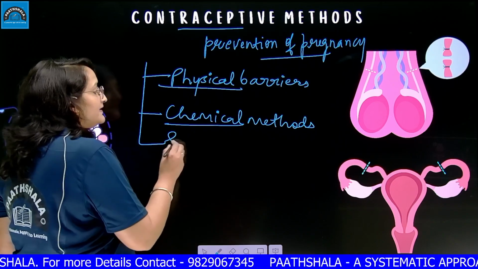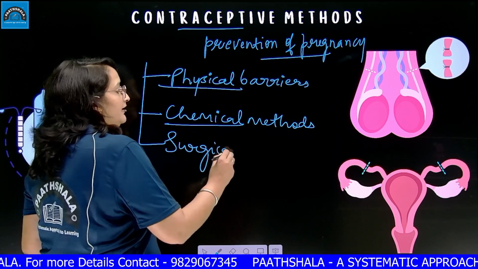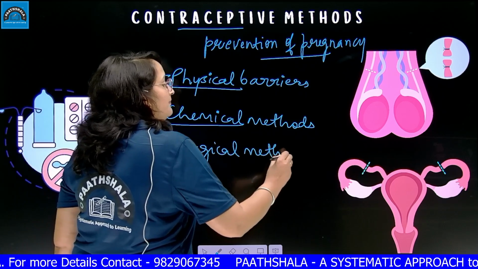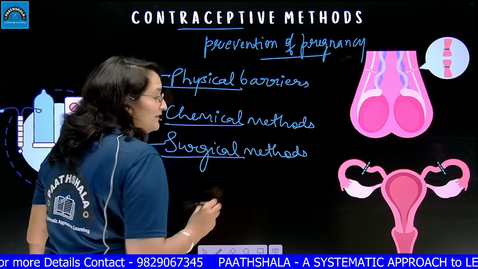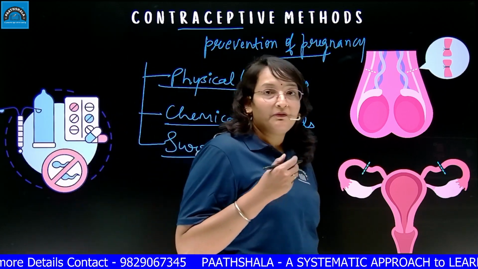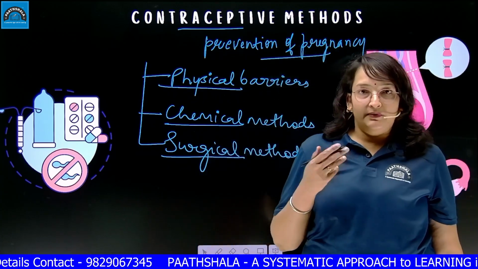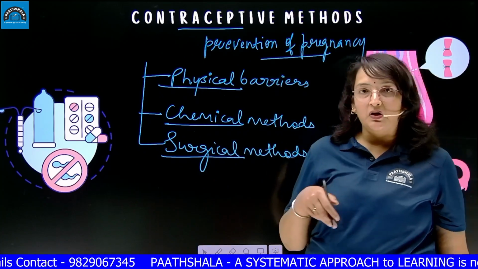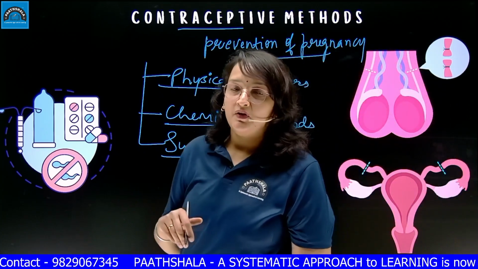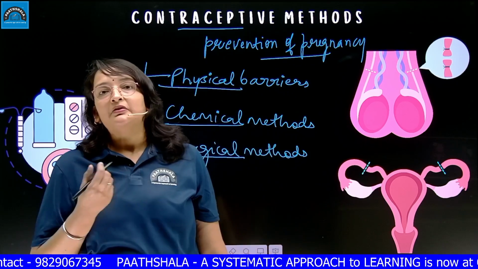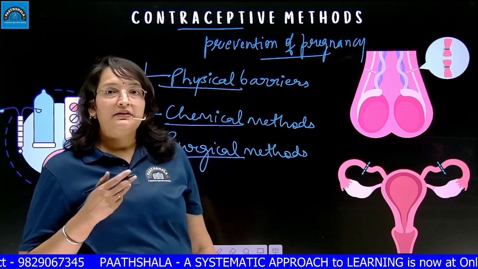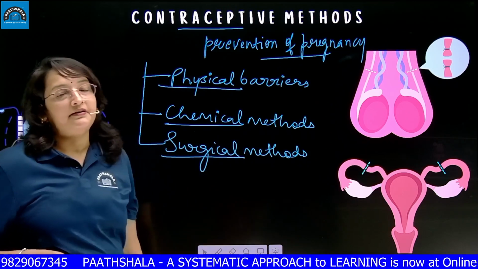There are some surgical methods. Surgical methods are called the permanent, irreversible methods, where we are performing certain surgeries so that the male gamete sperm will not come in contact with the ovum, or the ovum will not come in contact with the sperm. So these are the three categories of contraception.